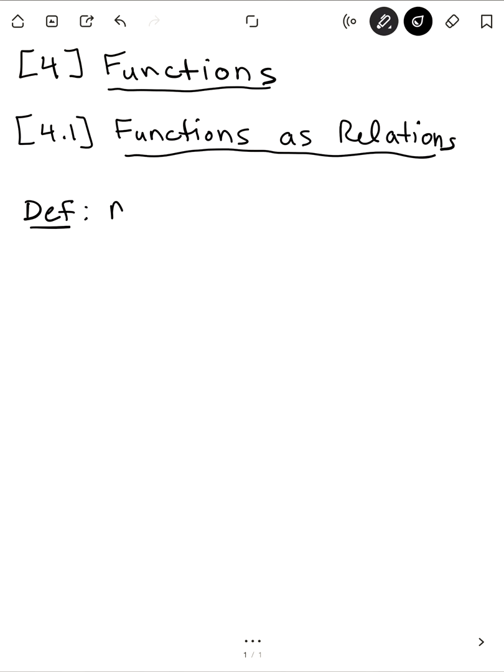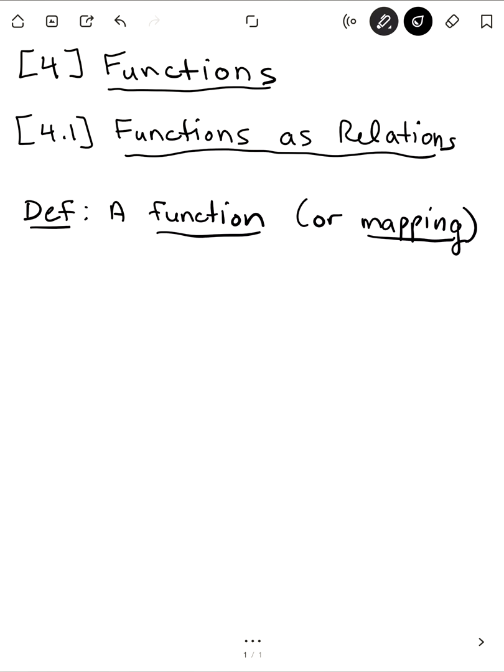Okay, a function, sometimes a mapping. Mapping sounds cooler, but function in general. From A to B, right, is a relation. So remember what relation means precisely from the previous chapter.